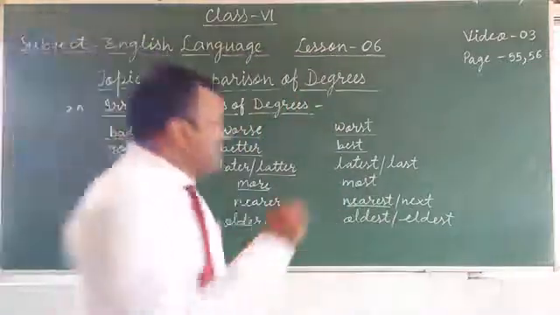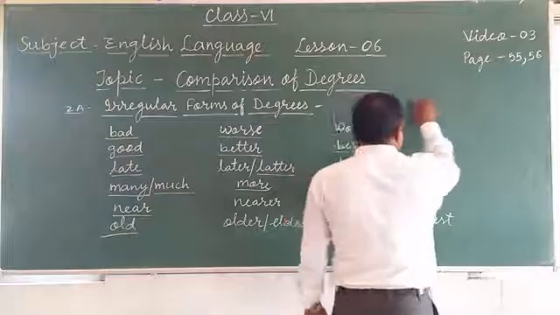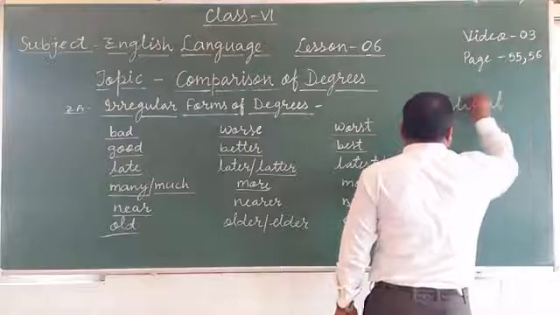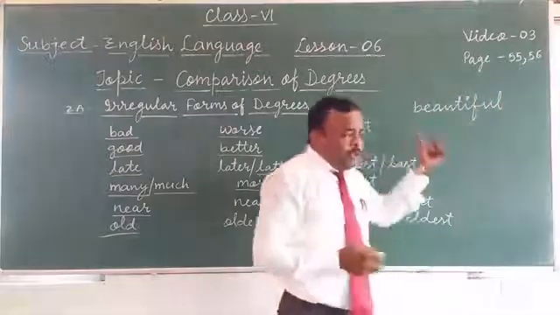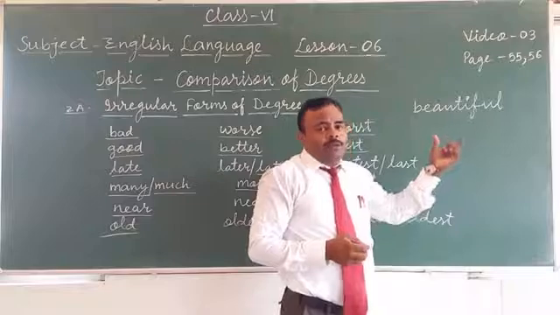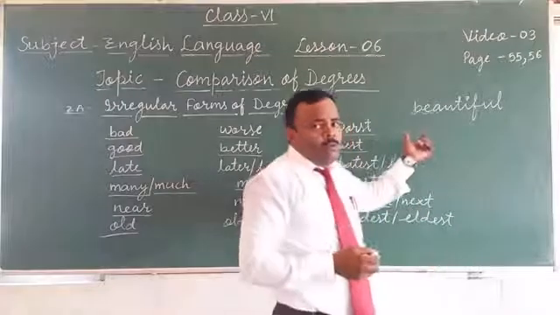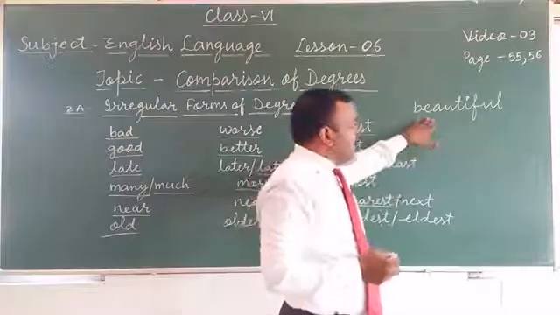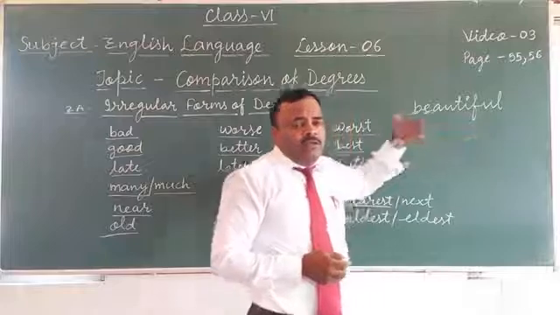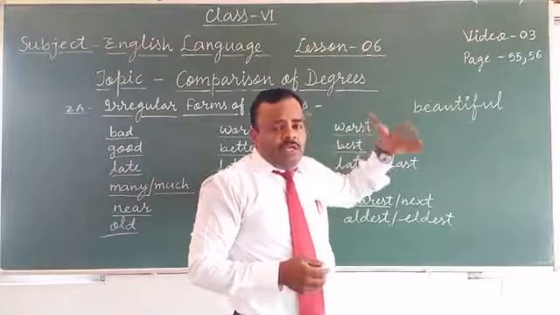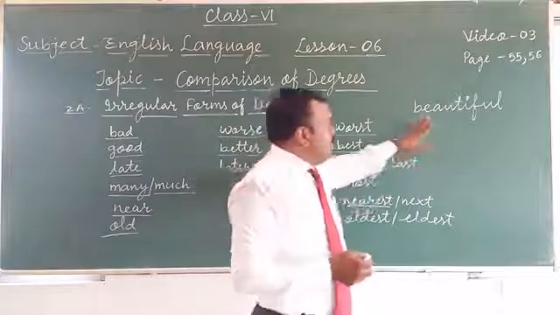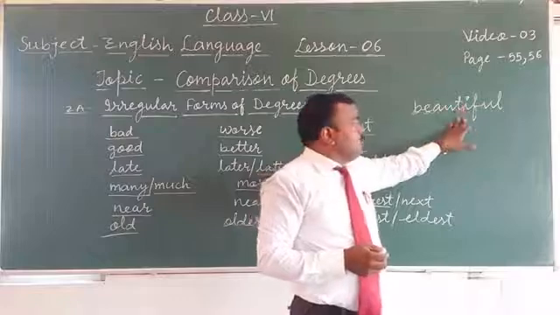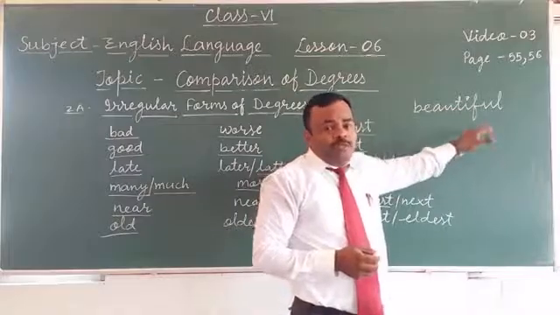Longer words make comparative and superlative forms with the help of more and most. For example, suppose a longer word, beautiful. Beautiful has 3 syllables. So these are longer words, the words that have 3 or 4 syllables. So we don't add er or est to the positive degree.